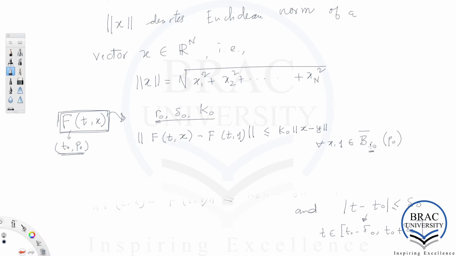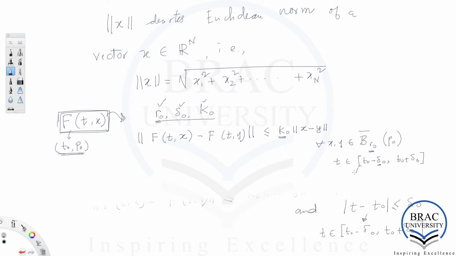Here comes this first positive number, and t belongs to this closed interval, right? t0 minus delta 0, t0 plus delta 0. So here is the other constant k0 and delta 0 is the second constant.